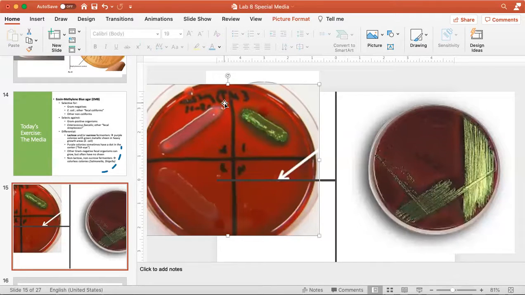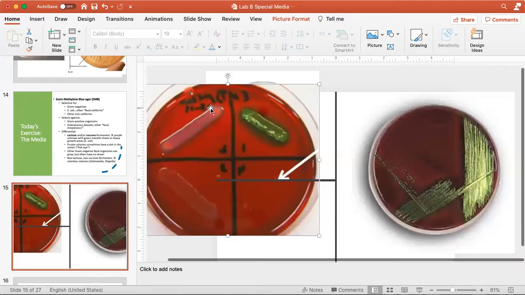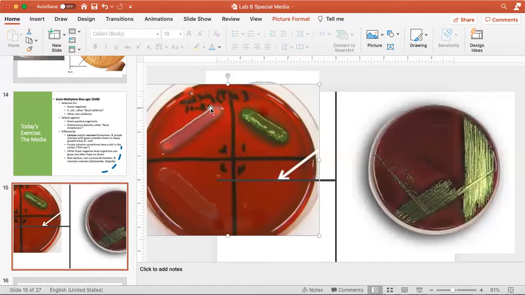Over here in this streak, this is that purple color I was talking about. These cells are growing purple on this agar, but they don't have that green metallic sheen. That tells me they are gram-negative because they're growing, and they are intestinal organisms, and they are coliforms.